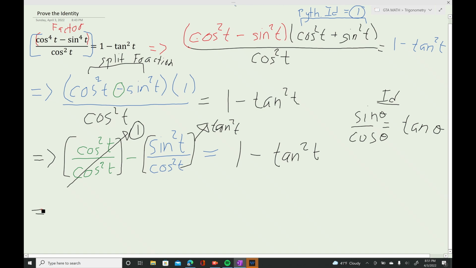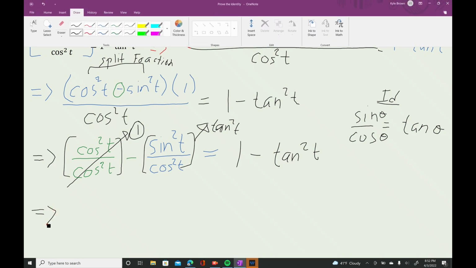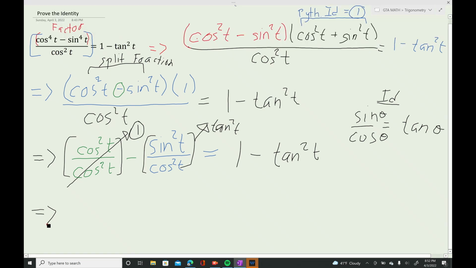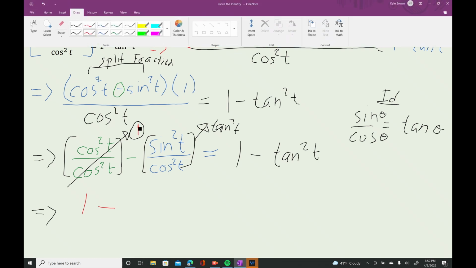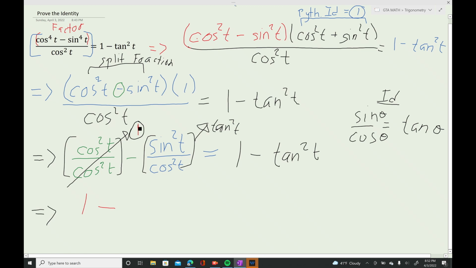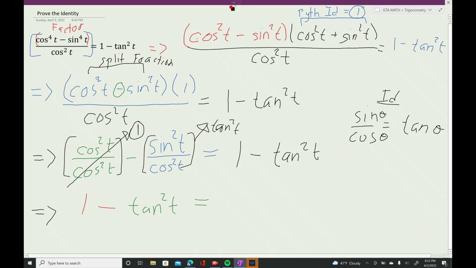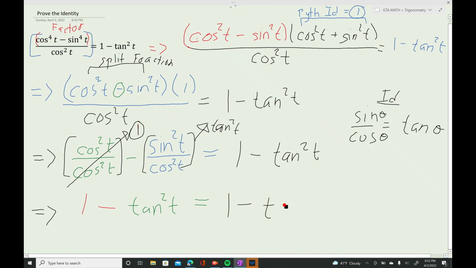So the last part of the problem is really just rewriting everything in a more formal way. So we're going to have 1 minus, because that's what this became, 1 minus tan squared t equals the same thing we have over here on the right, which is 1 minus tan squared t.